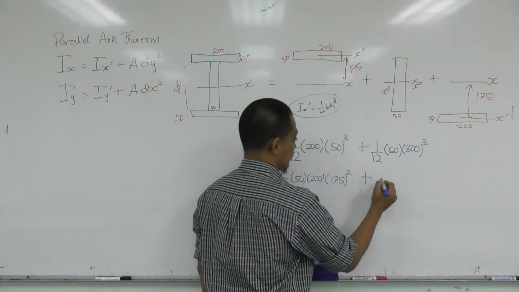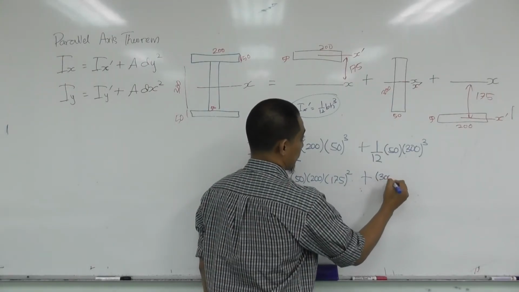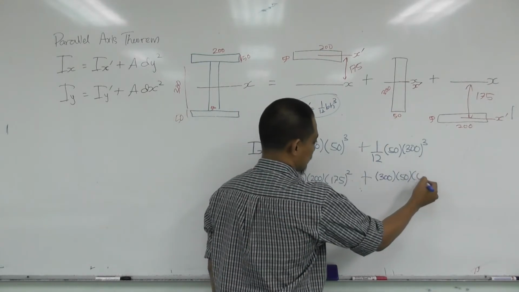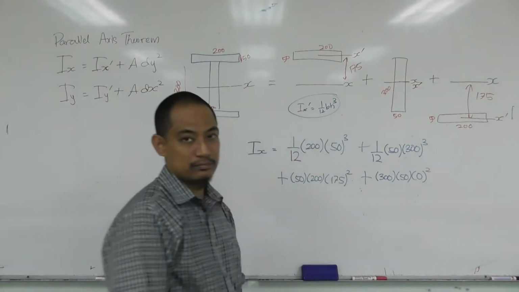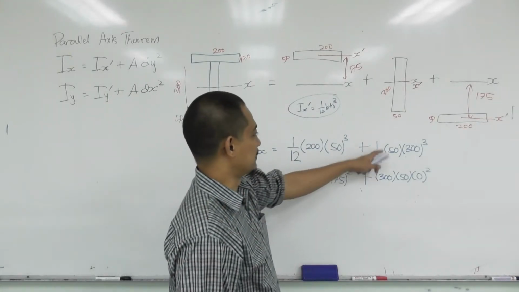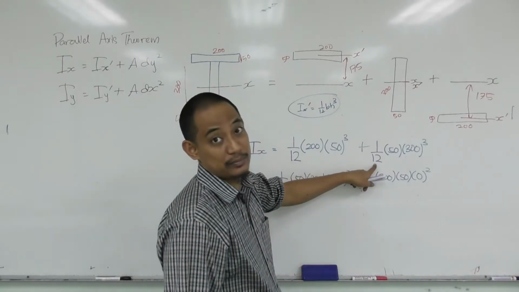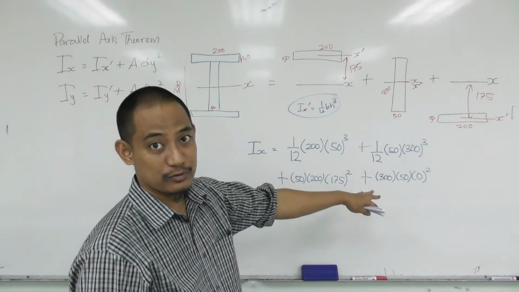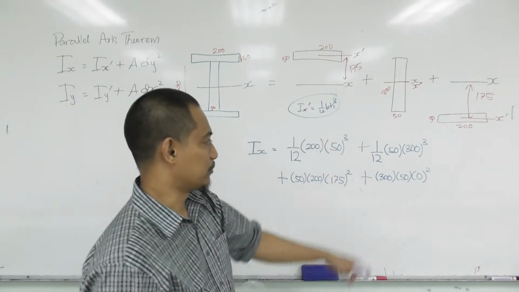So A is 300 times 50, and then okay, this is 0 square, right? Because x and x prime is the same, right? Or basically Ix is just equal to Ix prime. There's no additional term here, right? But I'll just put it there so that you understand if you are confused.